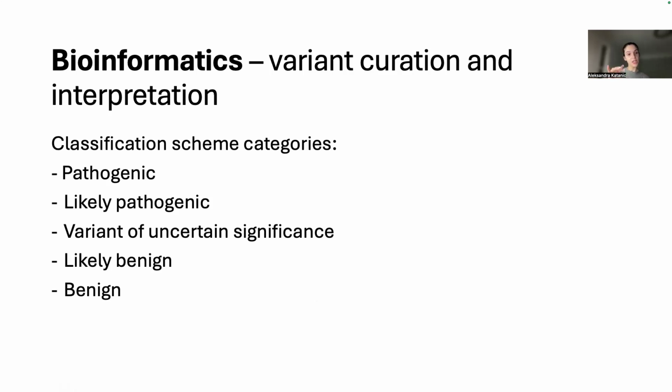Although the classification scheme is great and helpful, variant classification and interpretation goes beyond assigning a categorical label because it requires the interpretation of the variant within the clinical context of the patient. So even if it's pathogenic or benign, we also have to consider the phenotype, their family history, the inheritance patterns, and other clinical data that we have.